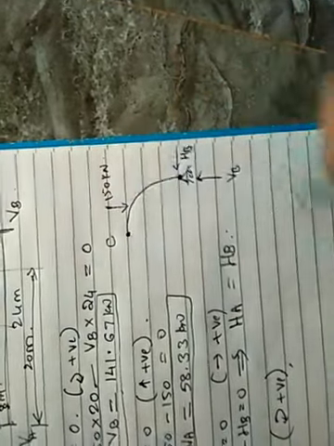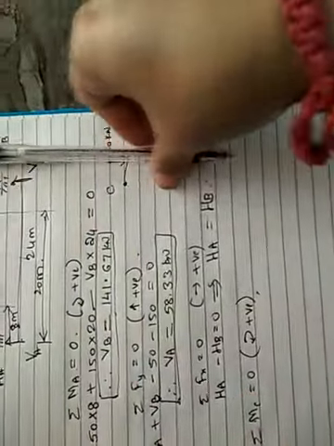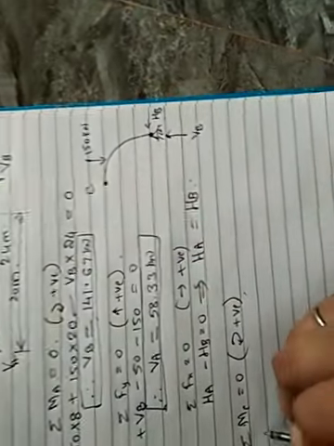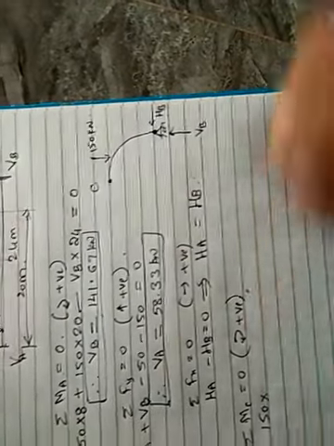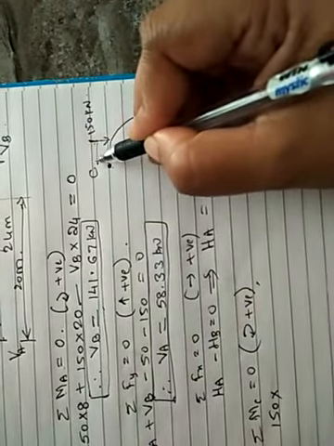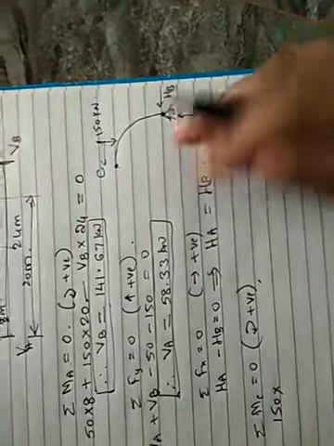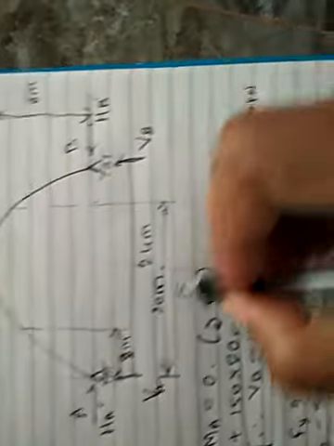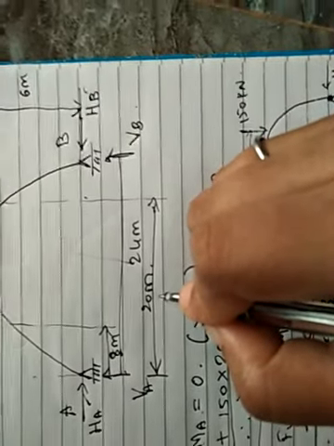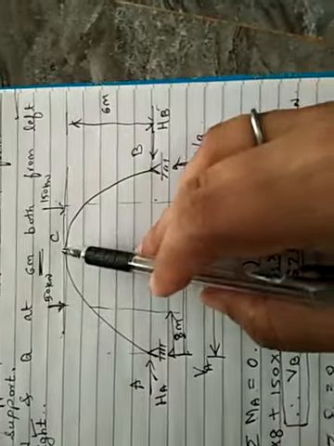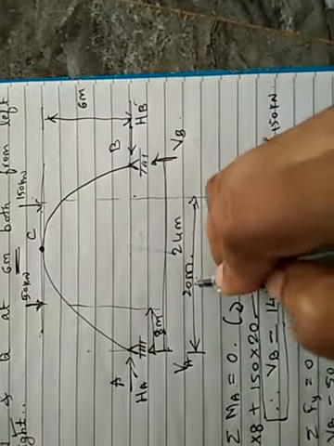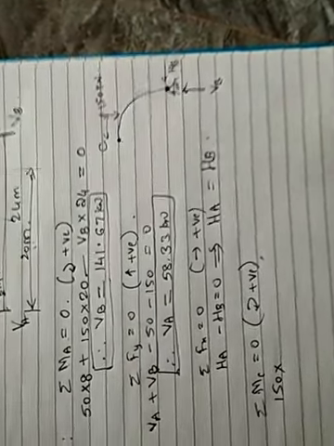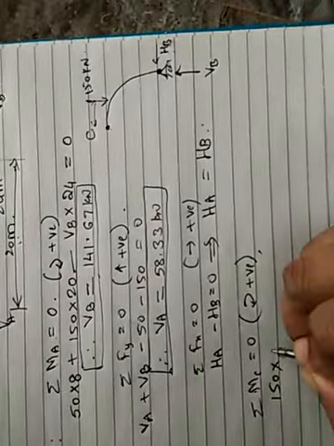When I write sigma MC is equal to 0, the load is acting downward, so it creates 150 into... Now how to calculate this perpendicular distance? We know that from here to the load is 20 meter. C acts at the center, that is 12 meter. 20 minus 12 is 8, right? So 8 meter.